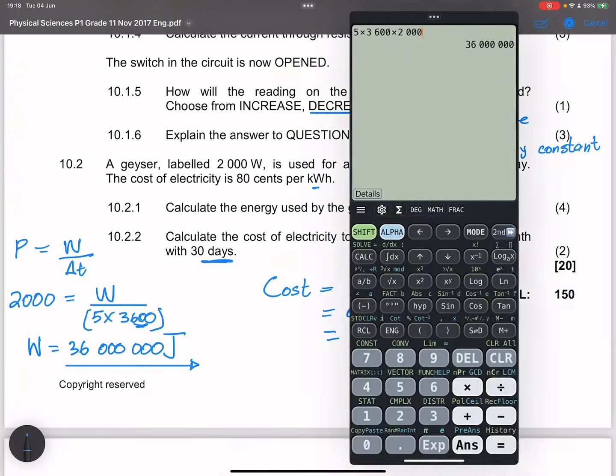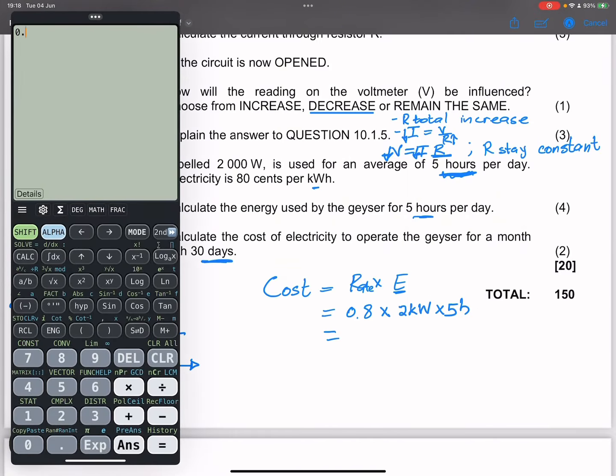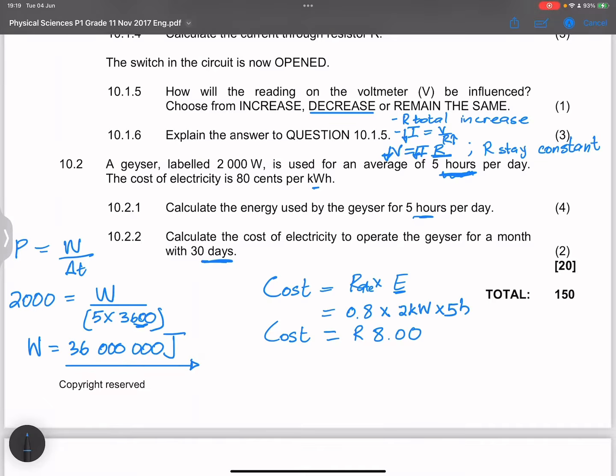So let's do that quickly. That's 0.8 times 2 times 5. So that gives me 8 rands per day. But now remember, they said we need to calculate the cost for 30 days. This is per day.